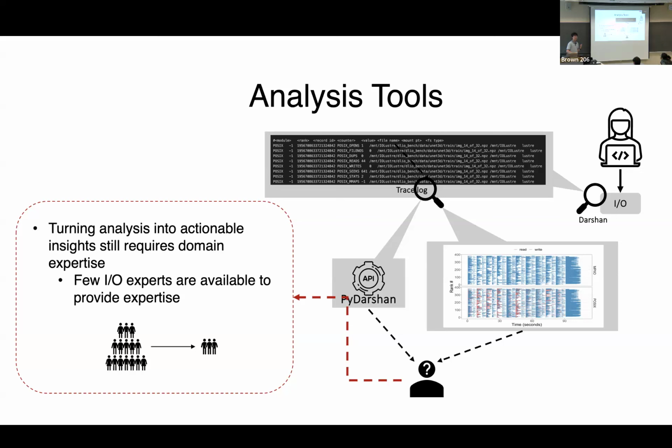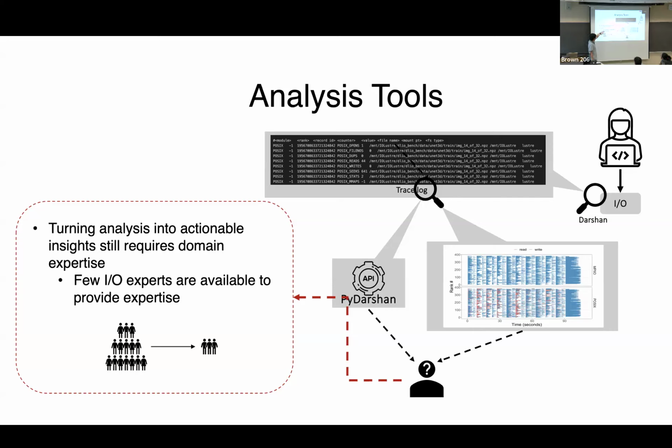As a user, when you see something like this, it's actually not very easy to understand what's going on. You have to be equipped with the proper knowledge, for example, understanding what happens when I send IO to the storage server, where the buffer is, how the concurrency was achieved, why these storage servers are all serving this IO, or why they are not. You have to have this background knowledge.